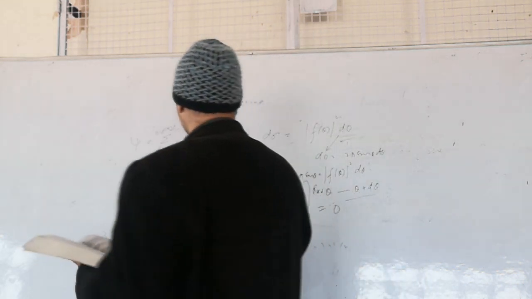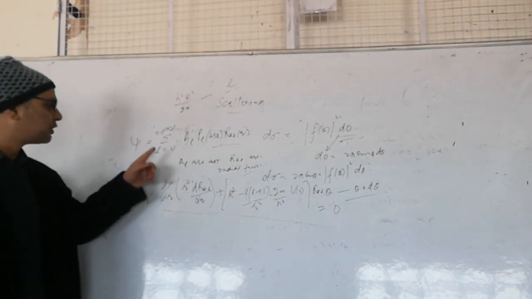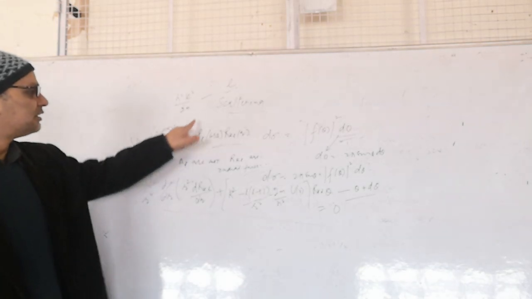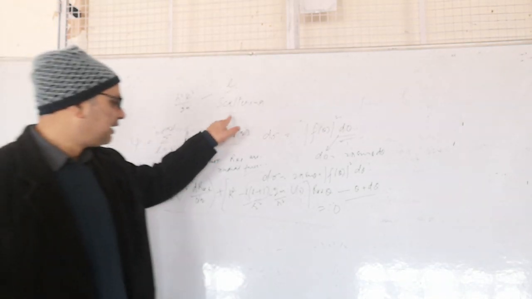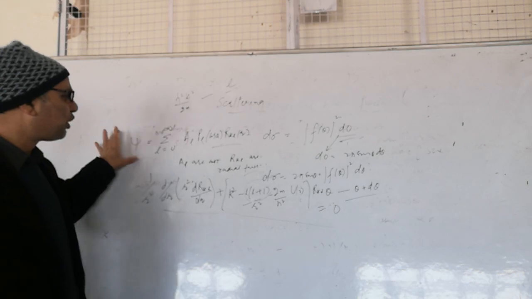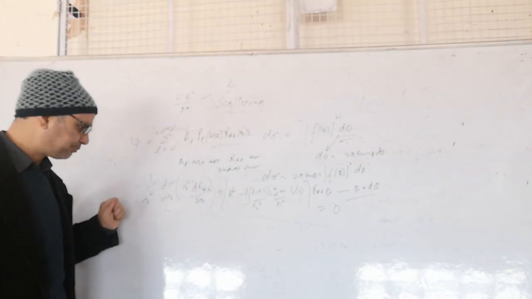अब ये हमारे पास ये है कि in this Schrodinger equation we have psi depending upon A, this is Legendre polynomial and this is a radial part of the equation. So we have to solve this equation.